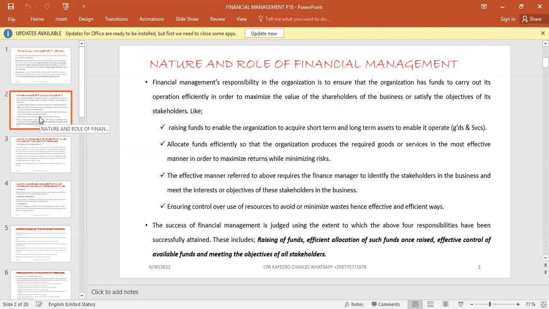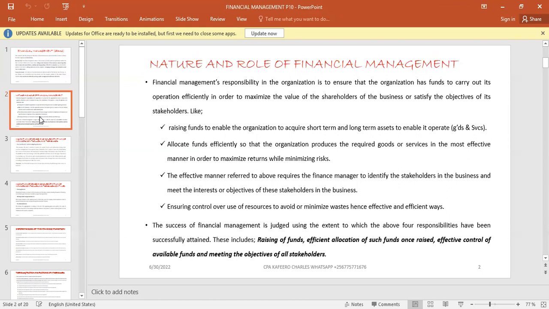Now, these are some of the roles a financial manager is supposed to be handling when you want to maximize the stakeholders' obligations within the business. So we are saying financial management is responsible in the organization.